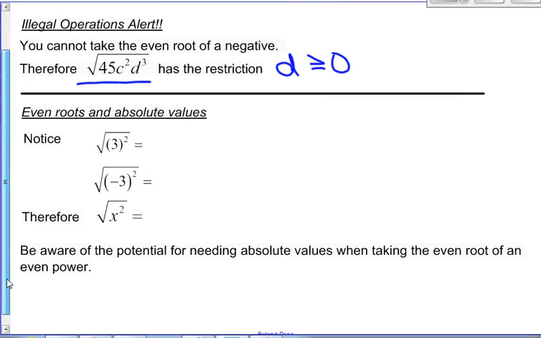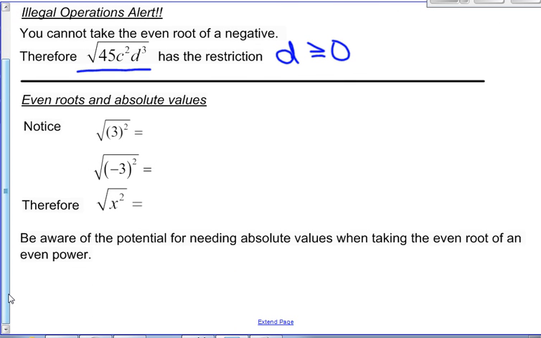Another nitpicky thing we need to notice is about absolute values. The square root of 3 squared would be the square root of 9, or 3. The square root of negative 3 squared would also be the square root of 9, or 3.